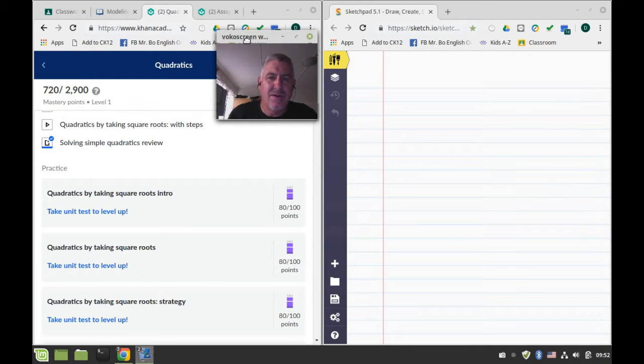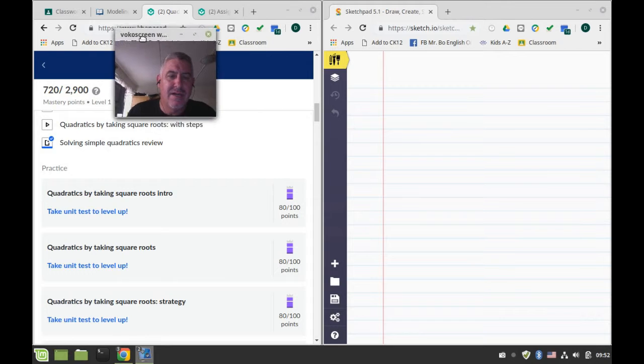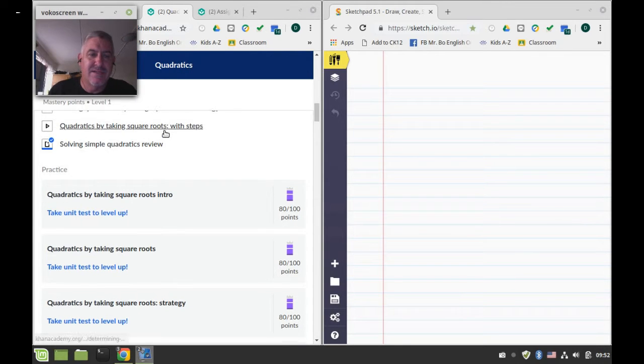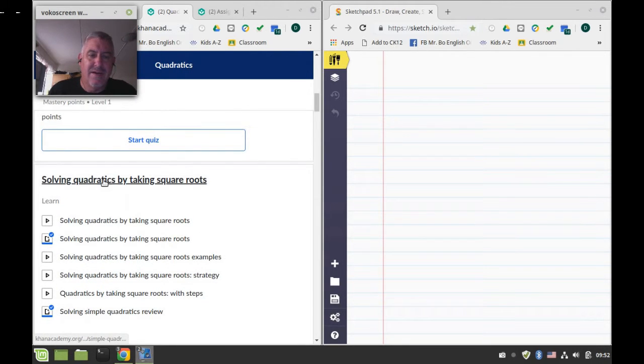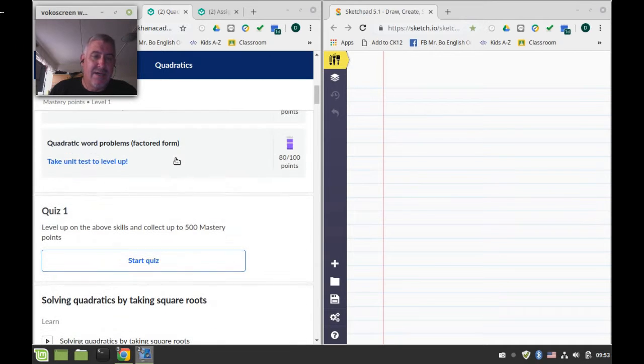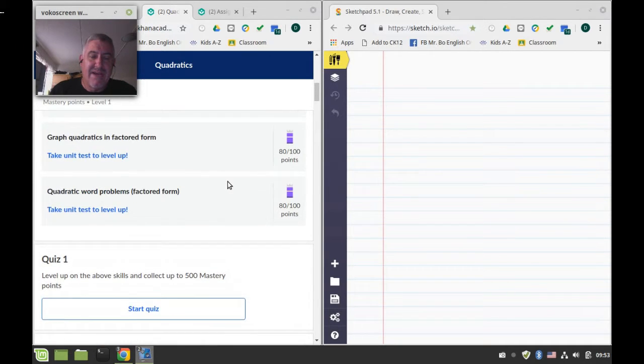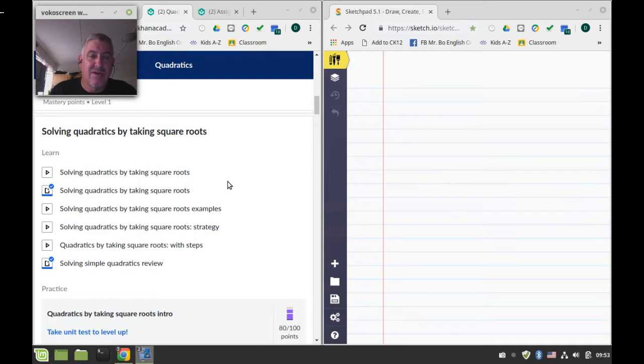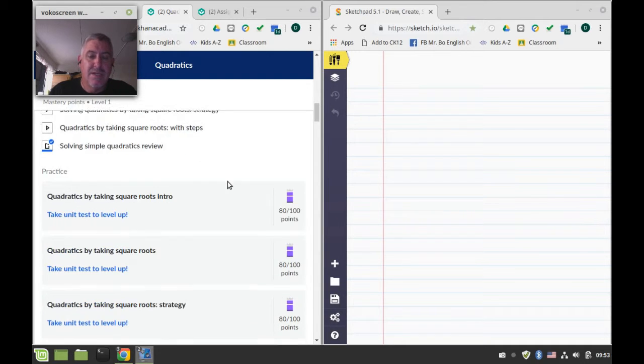We've been doing our unit on quadratics, and right now we're solving quadratics by taking square roots. Last time, you'll remember in the last video, we were doing the factored form. So this time we're going to solve by taking square roots.